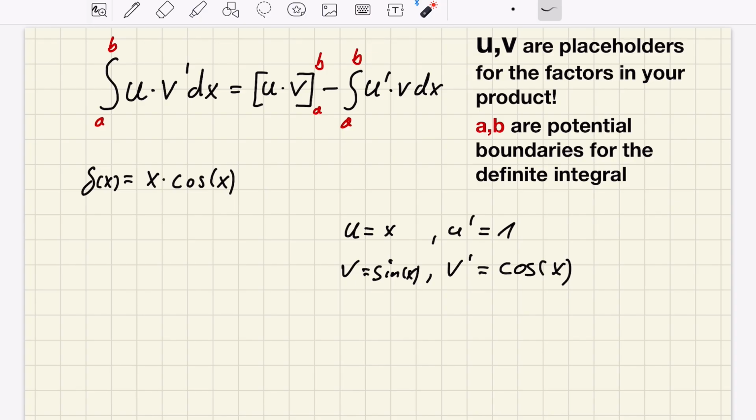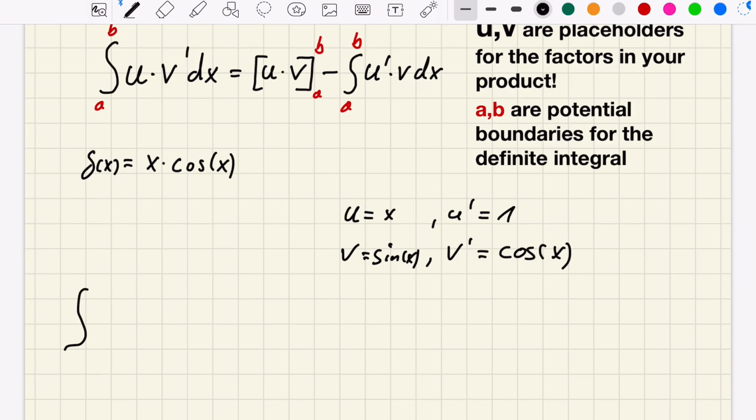So if V dash is cosine x, you need to integrate V dash to become V. And the integral of cosine x is sine x.